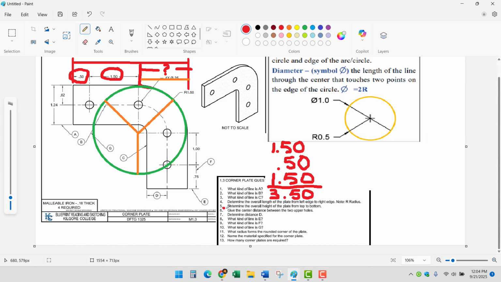Likewise, let's look at distance 5. I'm going to go ahead and clean this up again, but I want to leave this circle here because the same principle will apply for that answer as well. We're going to do this in blue. Number 5 asks, determine the overall height of the object or the plate from top.